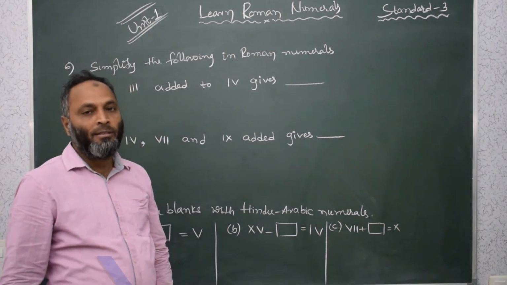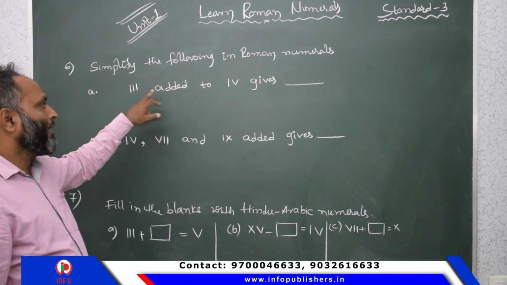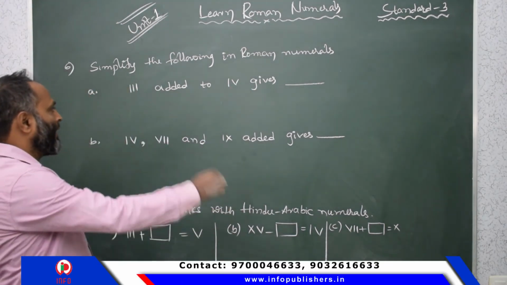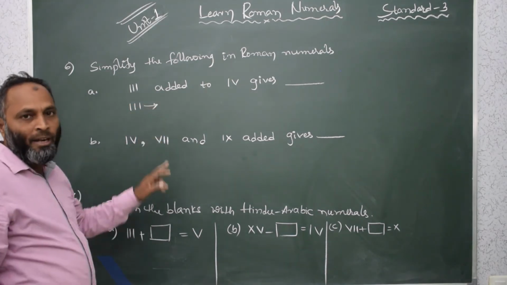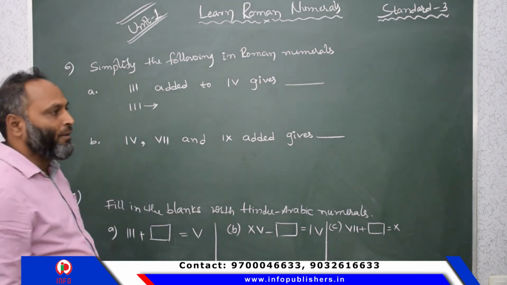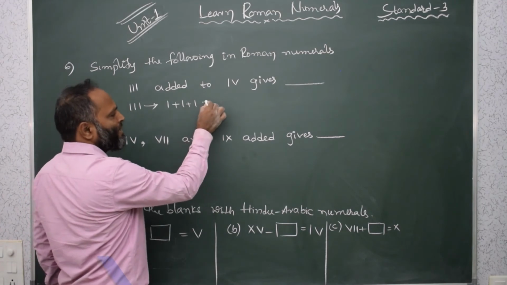So simplification. How to simplify? Here III added to IV gives what? Here I repeats. How many times? 1, 2, 3. Repeated means we have to add: 1 plus 1 plus 1 is equal to 3.